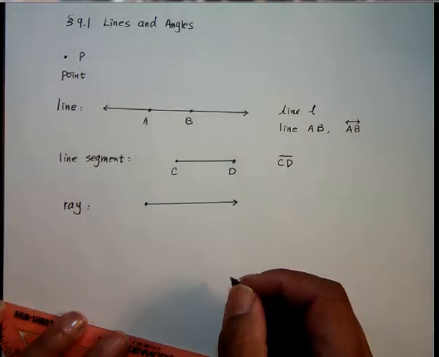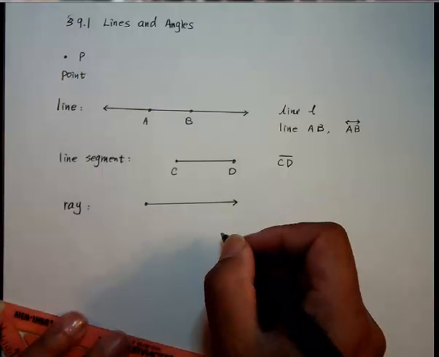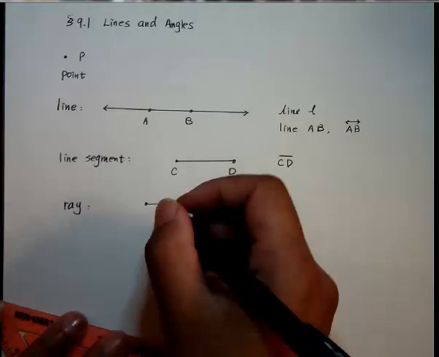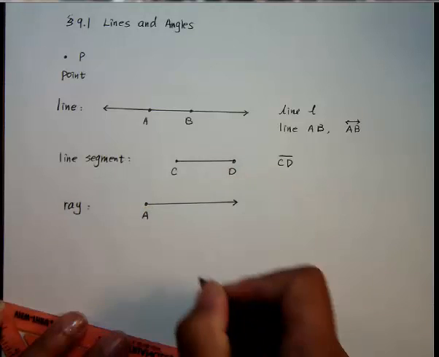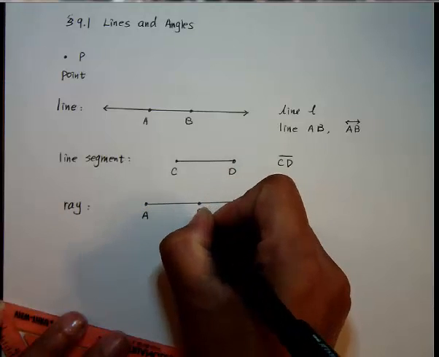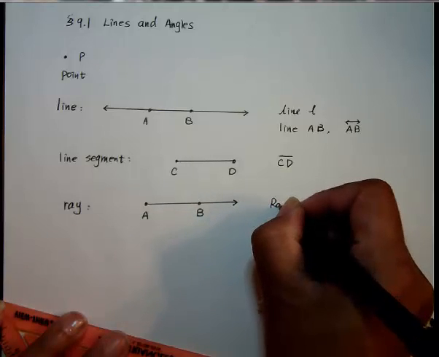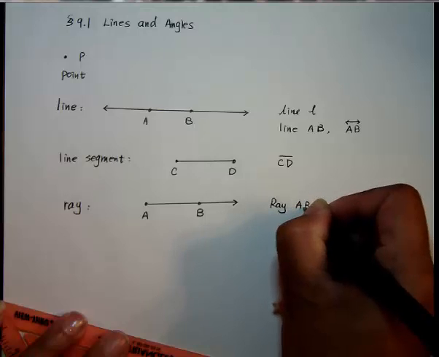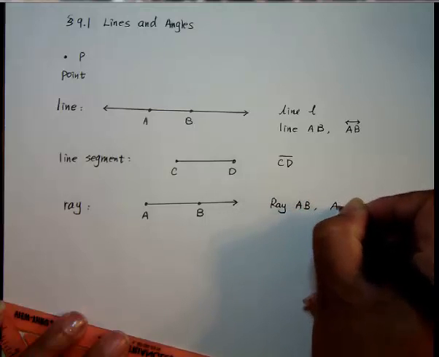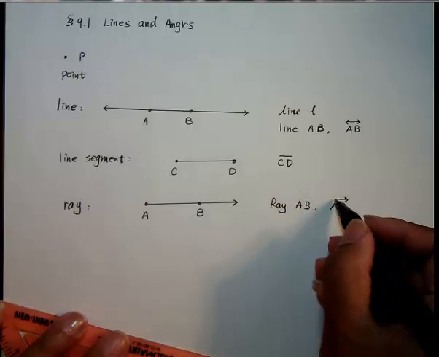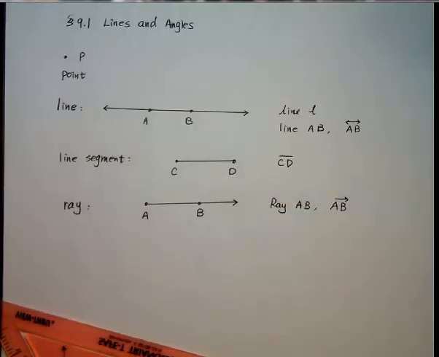So it's a part of a line. This is called a ray. If I put A at this endpoint and pick any point B on the ray, this is called ray AB, or we use the symbol with the arrow head going to this side. So we know that A is an endpoint.